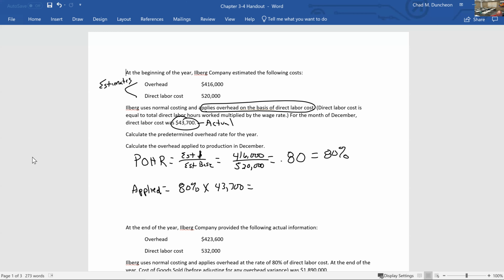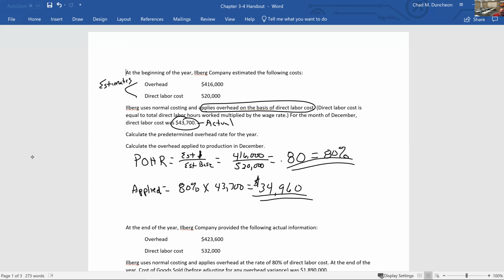When we multiply that out, we get 34,960. Those were the two answers we were looking for. What's our predetermined overhead rate? 80% of direct labor cost. How much was applied? 34,960, 80% of the actual labor costs.